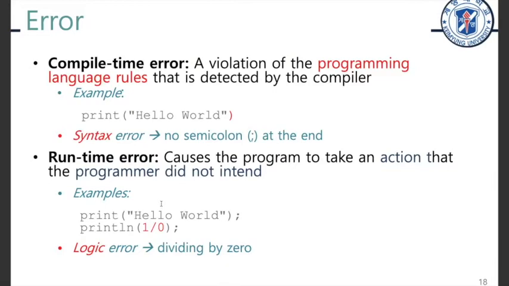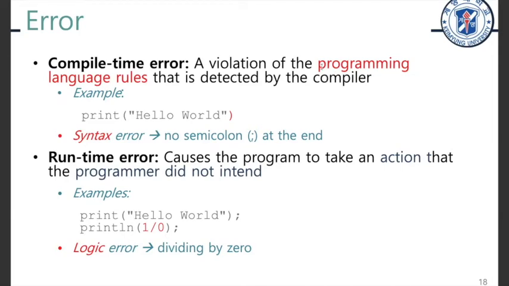But when you write a program, you might encounter errors. What is an error? An error is a condition that prevents your program from running, or that prevents your program from being executed by the CPU. An error can be violating a programming language rule.